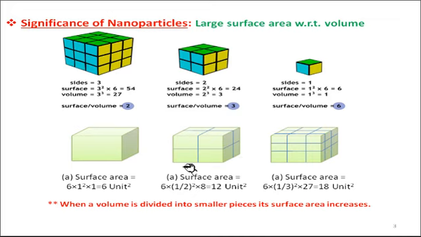Here you will have more smaller divisions, and here even more smaller divisions compared to this one. So more smaller divisions means more surface atoms, more surface area, and more reactivity. That is how this one will be more reactive for particular reactions compared to this one and then this one.